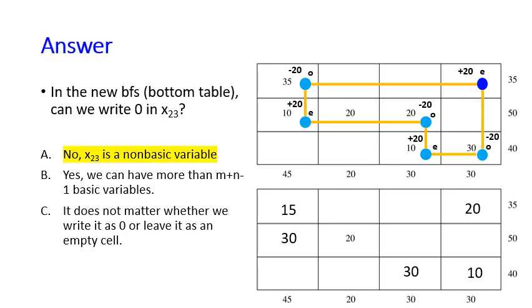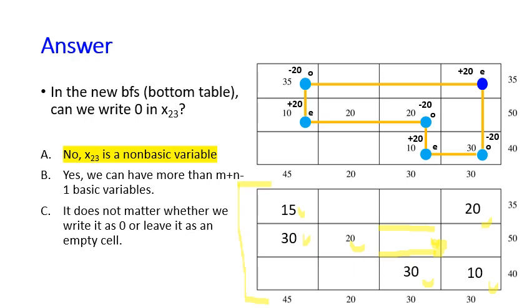The answer is no, because x23, or this row 2 column 3, is now a non-basic variable in this BFS. So you must not write anything in that cell. Just leave that cell blank. If you write anything inside the cell, it means that we will have 1, 2, 3, 4, 5, 6, 7 basic variables, and it is not allowed.